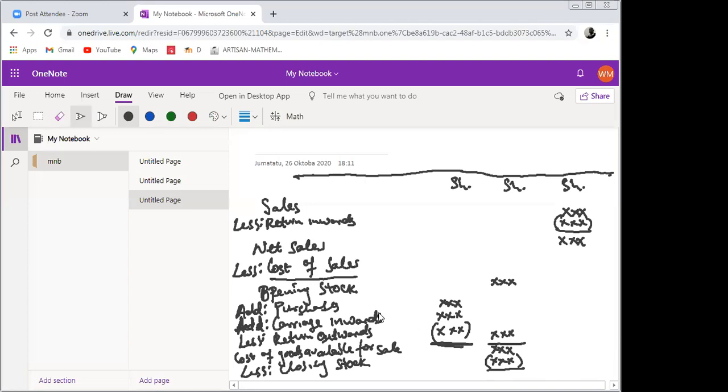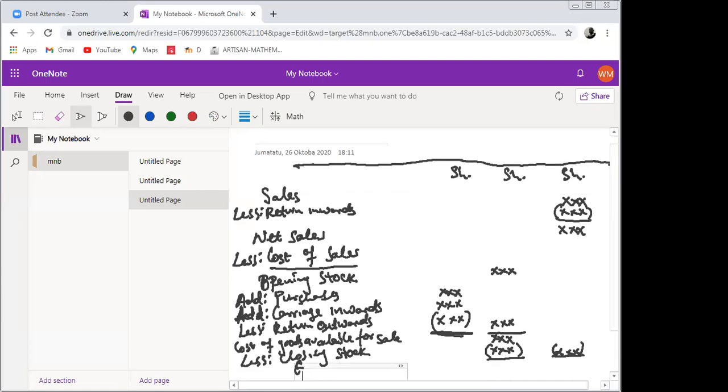That cost is actually what we are looking for here, the cost of sales. So you put it directly below the net sales so that you can subtract, not add, from the net sales to arrive at a figure we normally refer to as the gross profit.